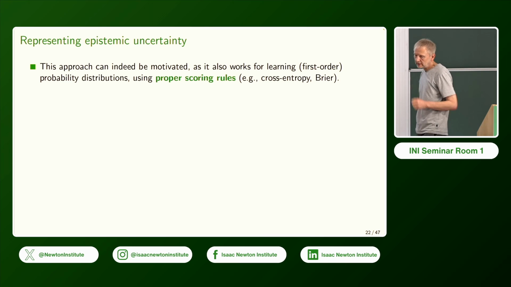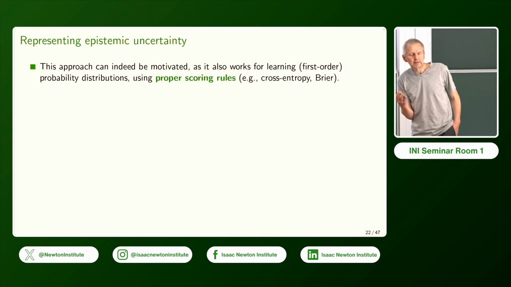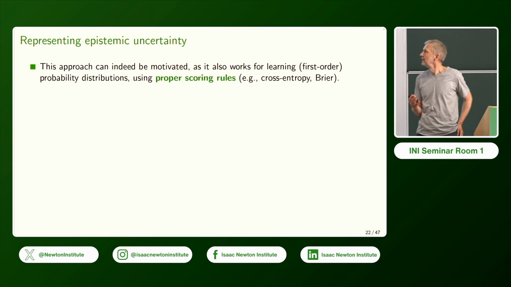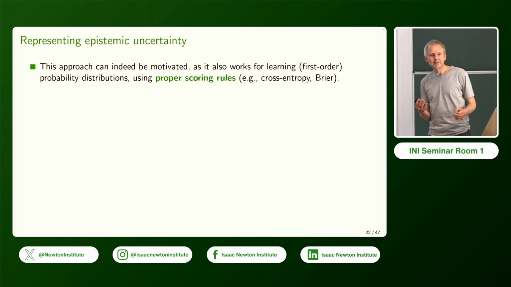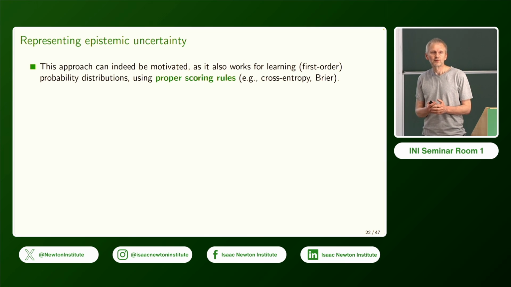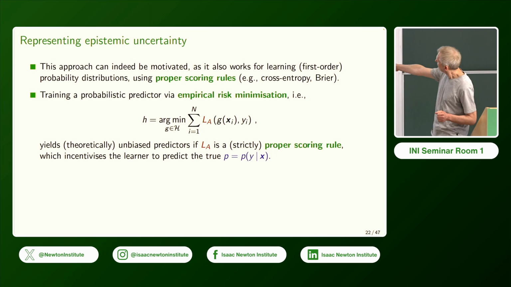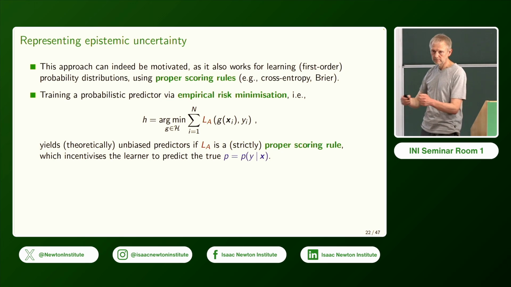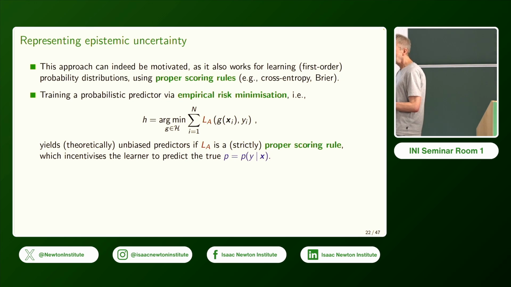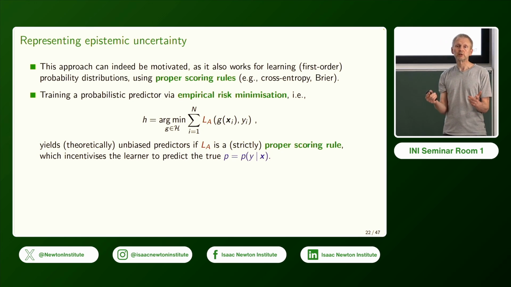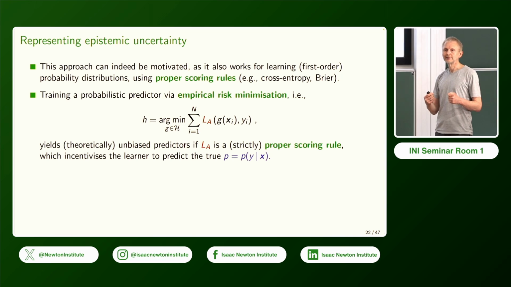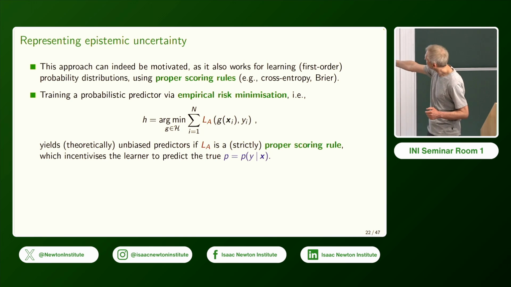So this whole idea has a good motivation, I would say, because we know that at least the same thing can be done for first-order predictions. And we heard a lot about these proper scoring rules already. So we know that if we want to train a first-order predictive model, which just predicts first-order probability distributions, we can do that by empirical risk minimization if we take a good loss function, namely a strictly proper scoring rule.